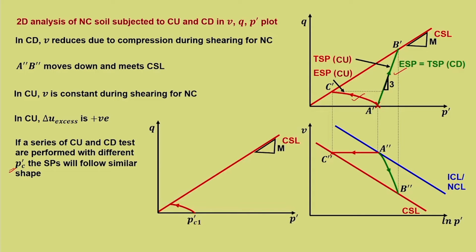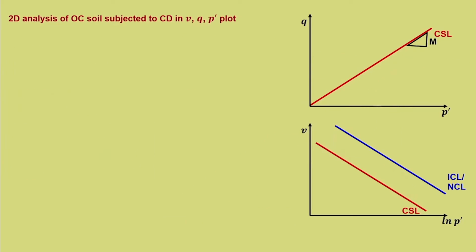Okay, so you can see that for different combinations of P dash C1, P dash C2 and P dash C3, we can see the same kind of response, and this is the same kind of effective stress path for drained. So, you will have a series of such stress paths.